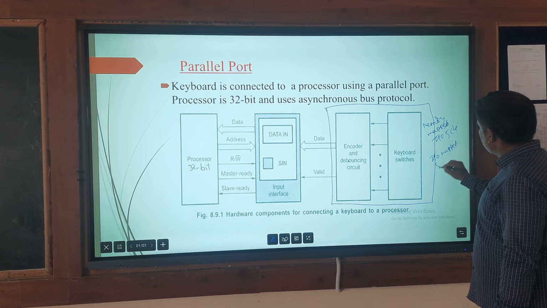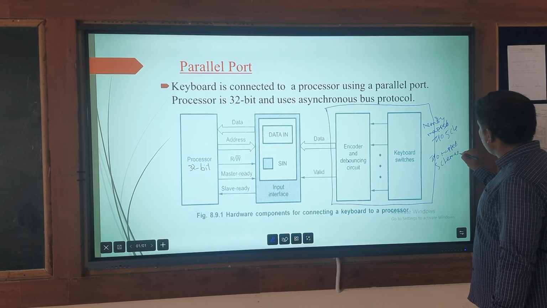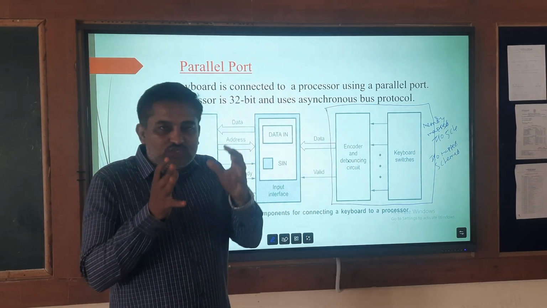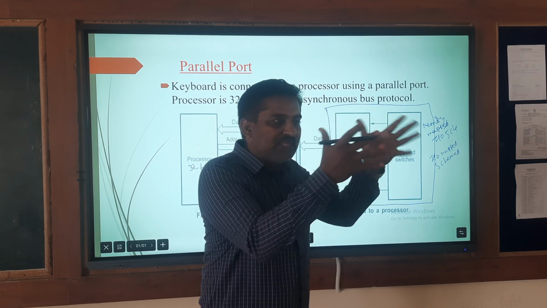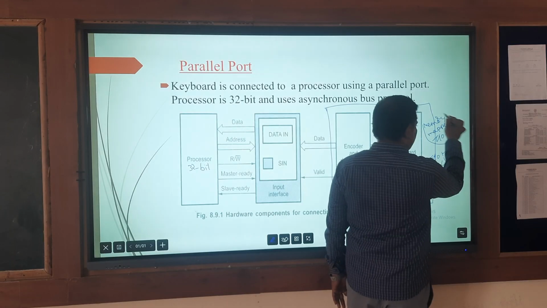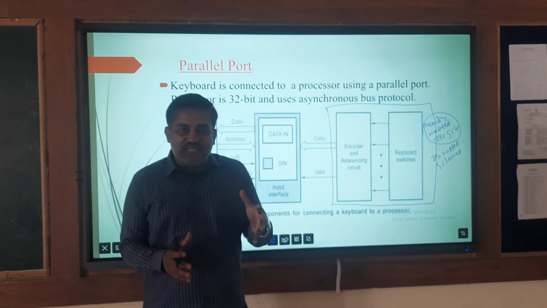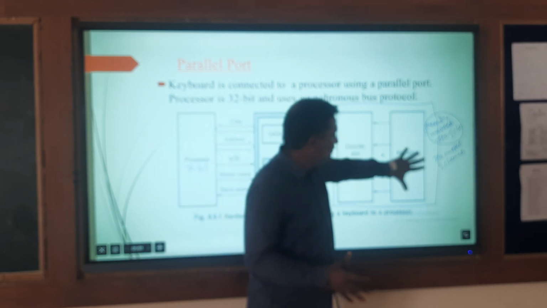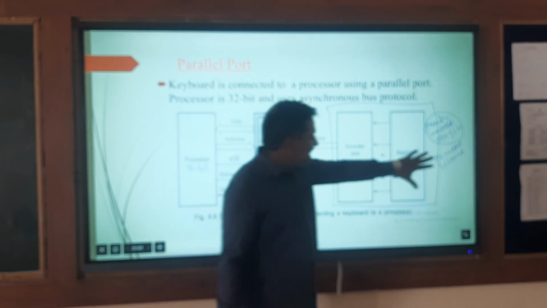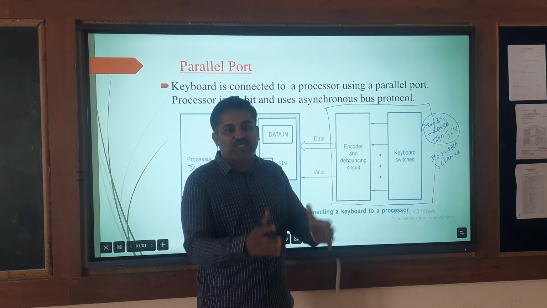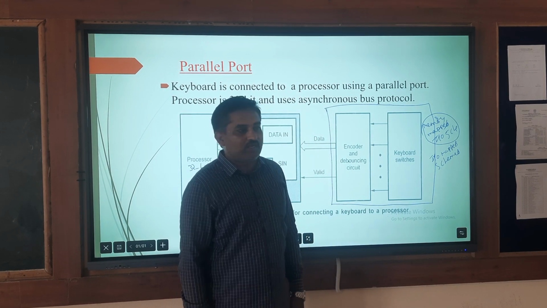What is the difference between memory mapped and IO mapped schemes? How do we use these two schemes for assigning addresses to input output devices? In the case of the memory mapped input output scheme, both the memory as well as input output are placed in the same memory space. In the IO mapped scheme, the memory space and input output space are separated from each other.